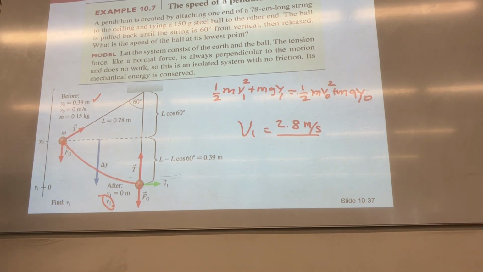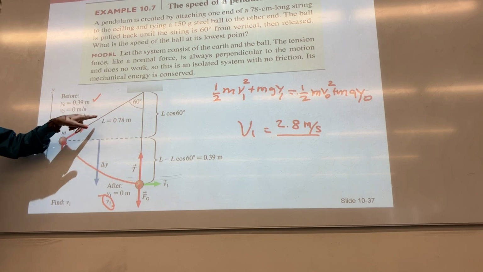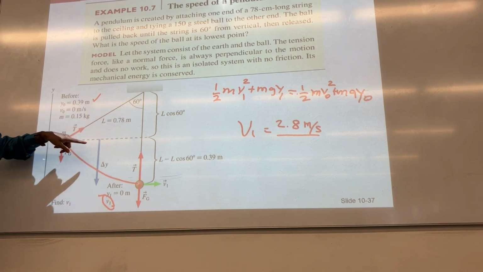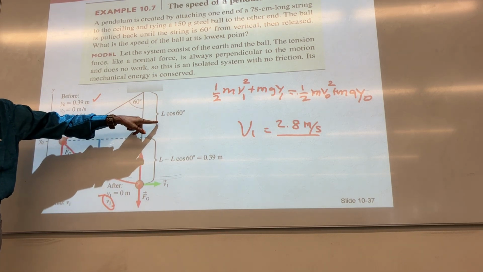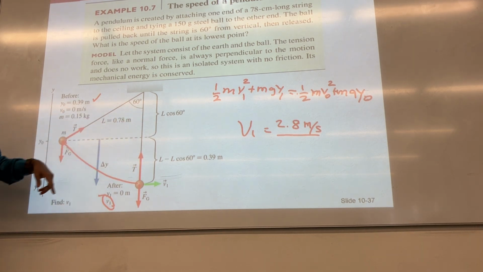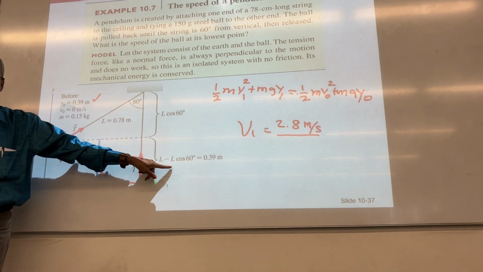But don't rush to solve this problem, because now there is a new height here. What is the length? This is the length of the string. But you need to calculate, this is the length L cosine 60, because we are at an angle. And then if you go this way, it's the total length minus L cosine 60.